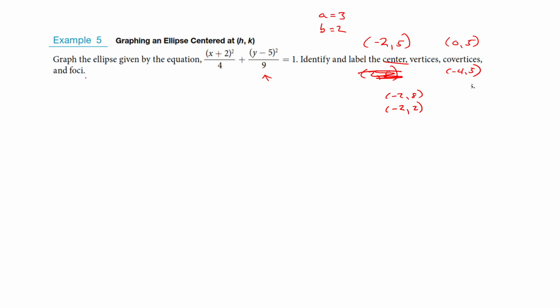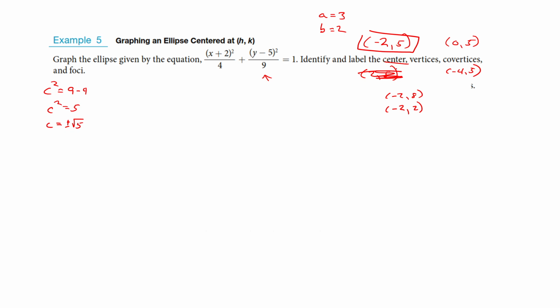Okay, lastly, the foci. So we got to find C squared. We've got A squared minus B squared. So C squared is 5, so C is plus or minus the square root of 5. So we're adding and subtracting the square root of 5 to this center. So our foci are going to be a little strange.